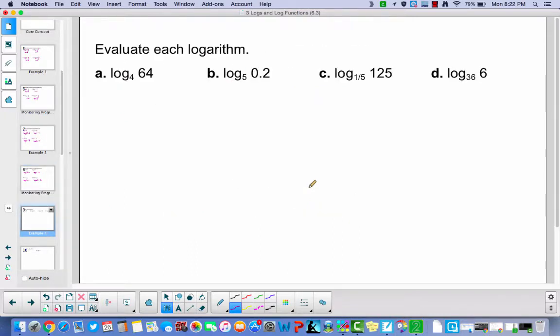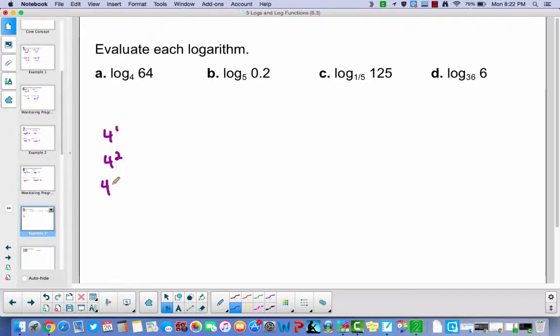Now, like I said earlier, logs represent exponents. So what this is asking is 4 to what power is 64? Well, there's a couple of different ways to do that. One way is to do some guess and check. So you can try 4 to the first power. You can try 4 to the second power.